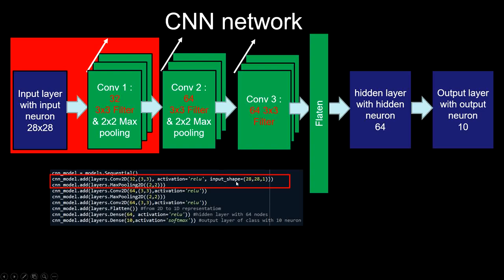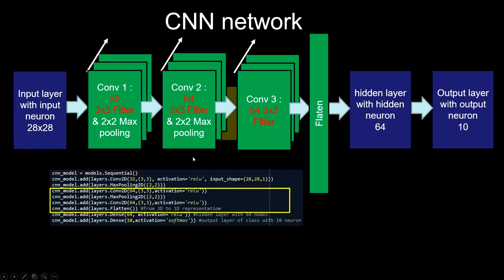The final part is the input shape. That's the reason I mentioned you don't have to worry much about the dimension of the image that you plug in, because everything will be rescaled to the one that you have defined here. So this is the first part of the programming.